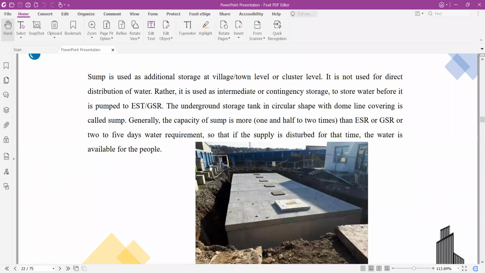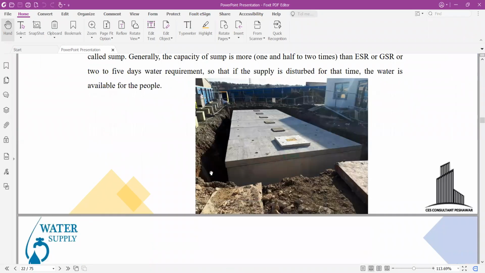So in that case, when the pump is not functioning or the water supply system is not properly functioning, the sump is used for the supply of water to the community.